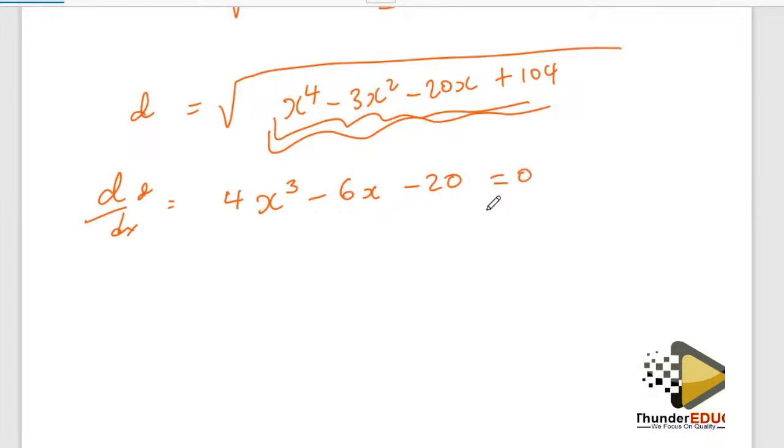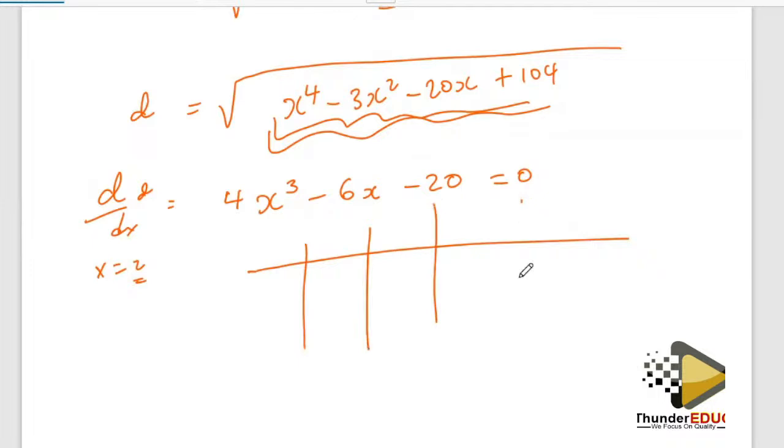Is there a number that I can divide, or I can just substitute to give me 0? If I try 1, not going to make sense. What about 2? So 2 times 8 minus 12 minus 20 is a 0. So x is 2. Then I can use 1, 2, 3, 4. I use my synthetic method. This is A, B, C, and D.